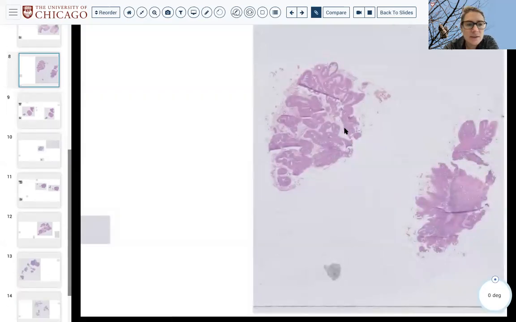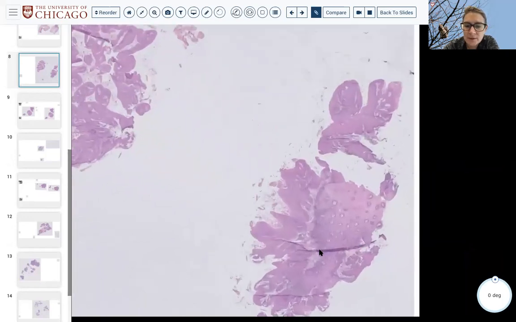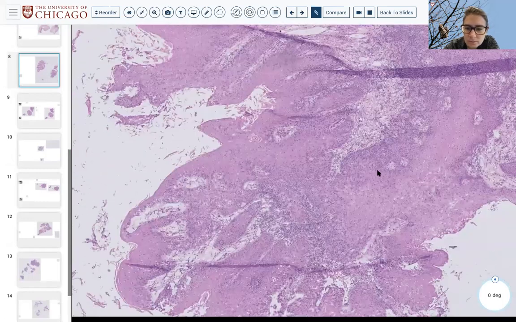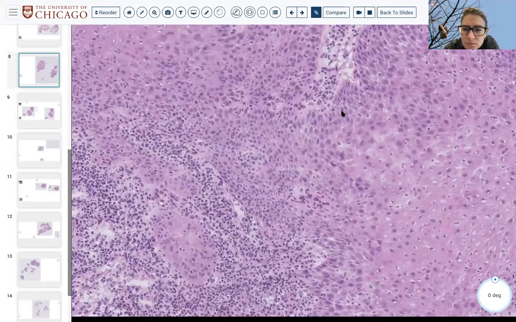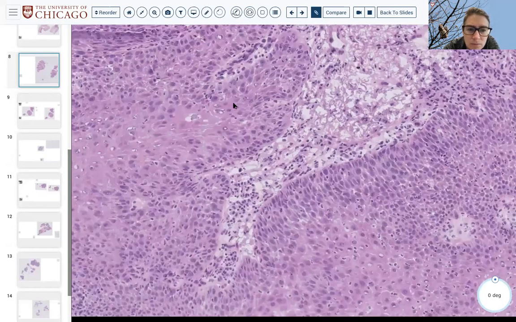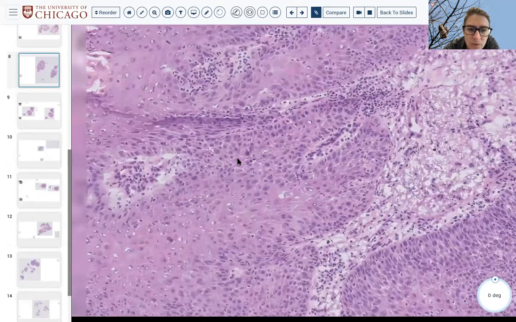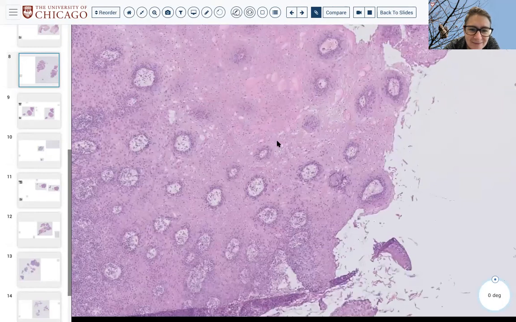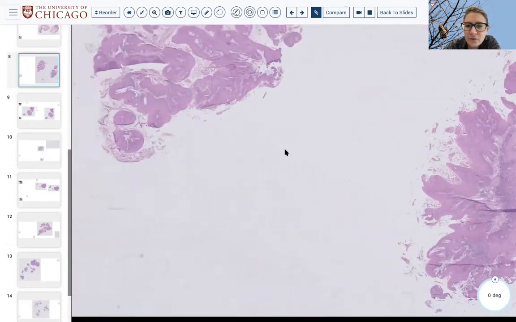All right, so I think we said this was gingiva. Does anybody have a diagnosis for this one? Let's move around a little bit. Arguably, this part here looks less bad, but we have something kind of exophytic.